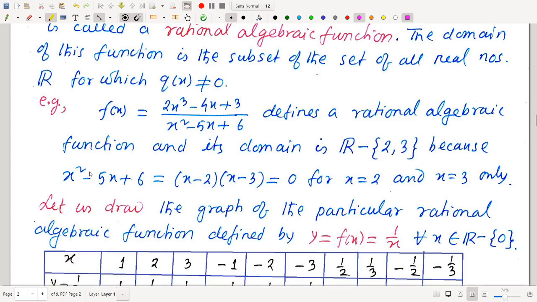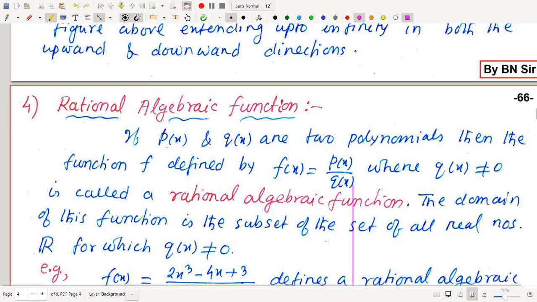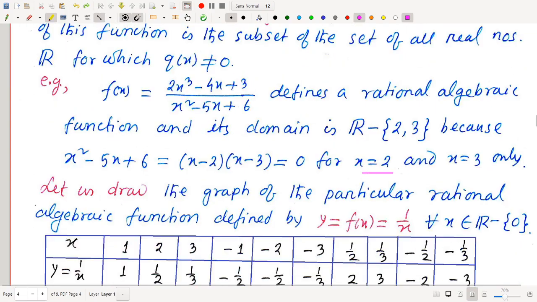Because the denominator here, x square minus 5x plus 6, is actually x minus 2 into x minus 3, and this becomes 0 when x equal to 2 and x equal to 3. When x equal to 2 and x equal to 3, the denominator becomes 0. So this ratio becomes undefined, so this is to be omitted. That's why the domain is R minus {2, 3}.